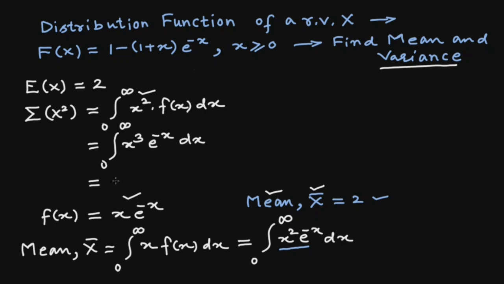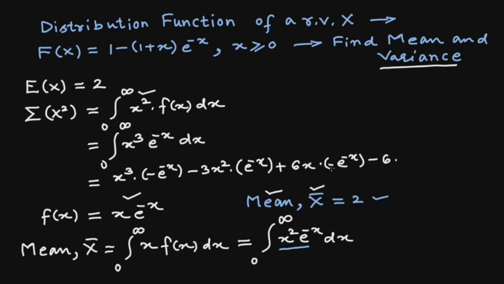Now by continuous integration by parts, it will be x cube into integration of e raised to minus x, which is minus e raised to minus x, minus derivative of x cube, 3x square, into integration of minus e raised to minus x, which is e raised to minus x, plus derivative of 3x square, 6x, into integration of e raised to minus x, which is minus e raised to minus x, minus derivative of 6x, 6, into integration of minus e raised to minus x, which is e raised to minus x, from 0 to infinity.